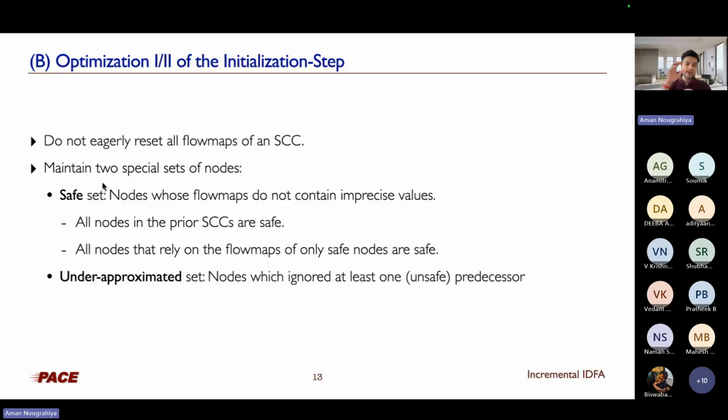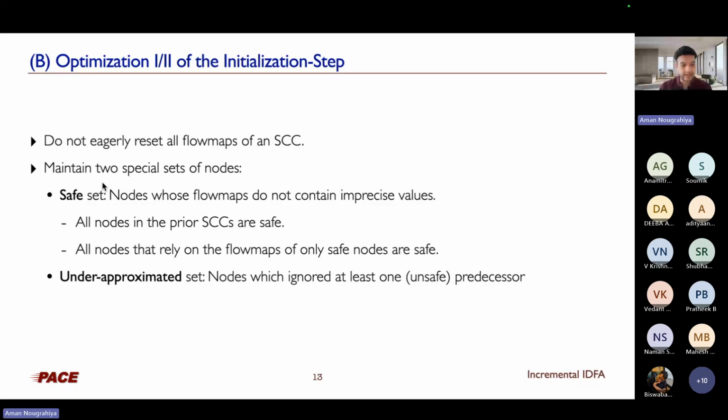And when I'm processing an SCC, every node which relies on flow maps of the other safe nodes will continue to be a safe node or will become a safe node. Under-approximated nodes, on the other hand, are those nodes for which, when processing them, we ignore the potentially unsafe information coming from any of their parents.